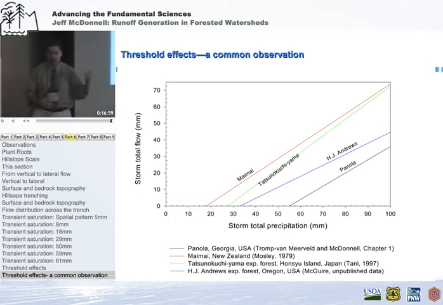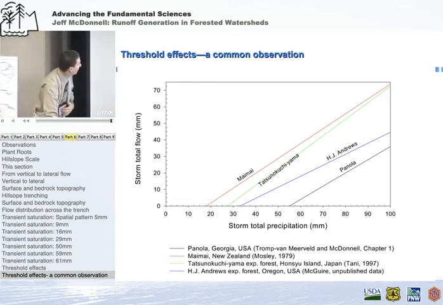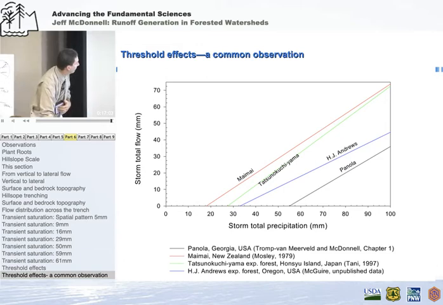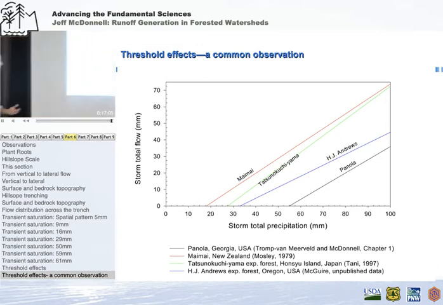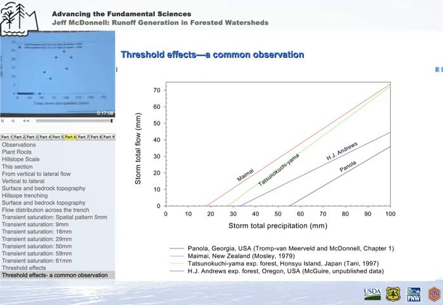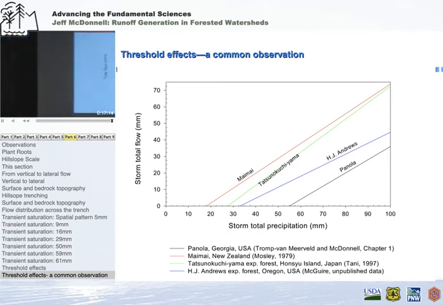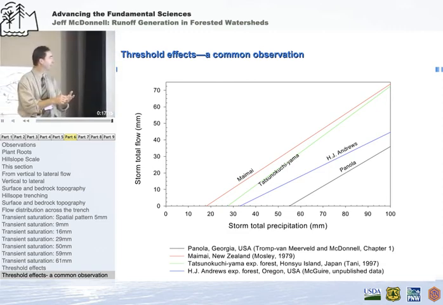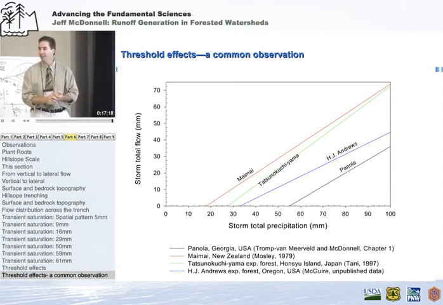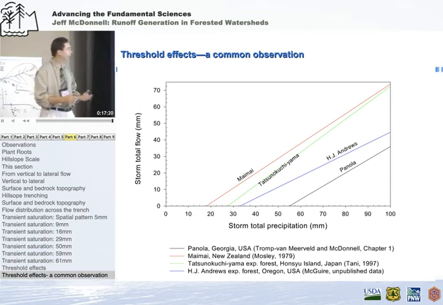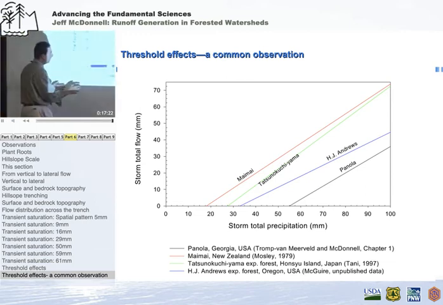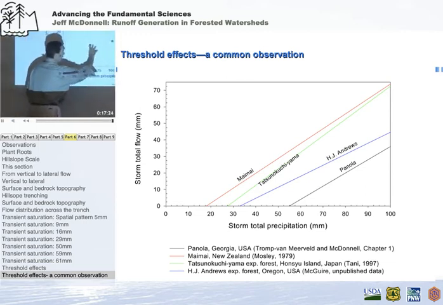That one site that I showed you for Panola back here, that's about 150 events that we've been able to accumulate over 2 or 3 years. Most of the sites in the literature, ours included, a PhD student is happy if she or he gets 4 storms, 3 storms. And this really shocked us because we'd worked in this kind of environment.